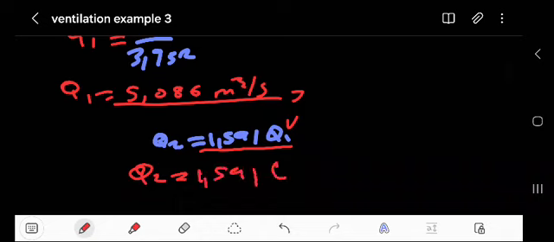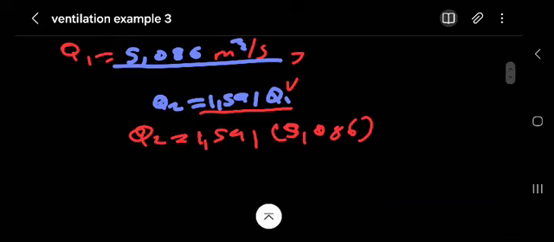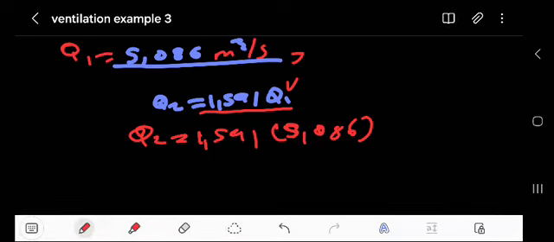Substitute that Q1 that we got here, multiplied by 5.086. So 1.591 multiplied by 5.086.